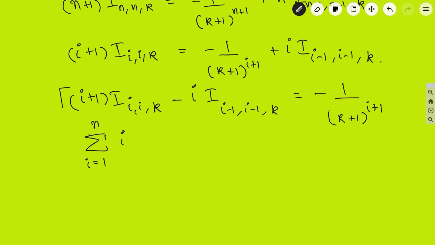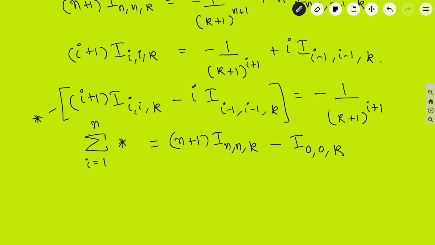Let's denote this entire thing as star, right? So when you sum this star, you can see that many of the terms will get cancelled, and what's left is (n+1) I_{n,n,k} minus, when you put 1, I_{0,0,k}, which we need to evaluate.